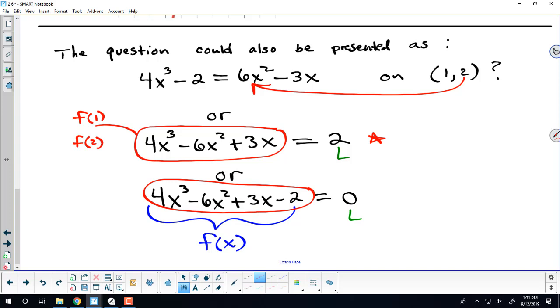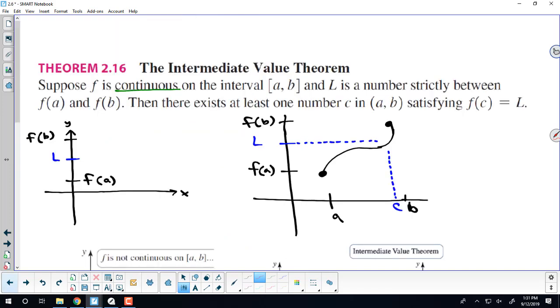Yes. So is our L in between here somewhere? That's really all you're ever looking for, and the fact that the function's continuous. So even though you may get different results, the statement is right? Yeah. Even though you may get different results, it still comes down to the fact that this y value is in between these two y values, and the function is continuous.